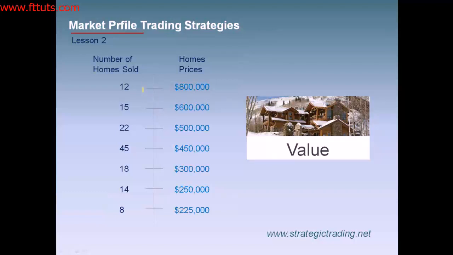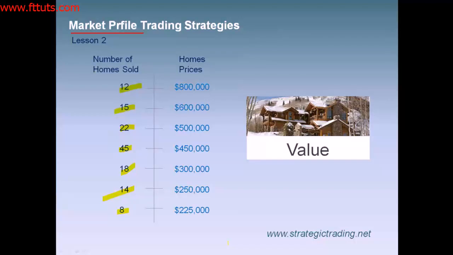In the market that we're looking at, the homes that sold, we had 12 sell for $800,000, 15 at $600,000, 22 at $500,000, 45 at $450,000, 18 at $300,000, 14 at $250,000, and 8 at $225,000. So obviously I had a bunch of different prices in the market. So this $700,000 home that I'm looking at, is it worth it or not?